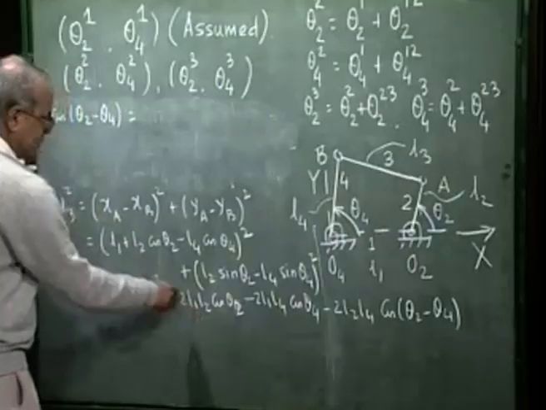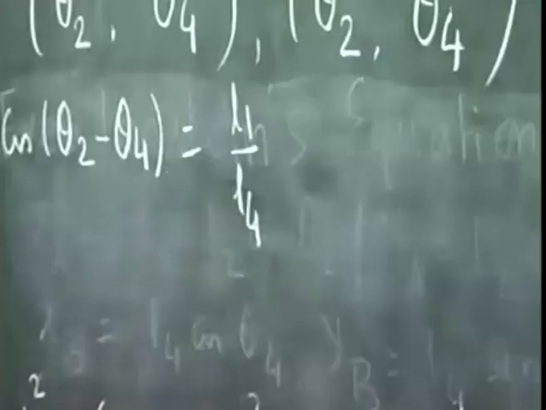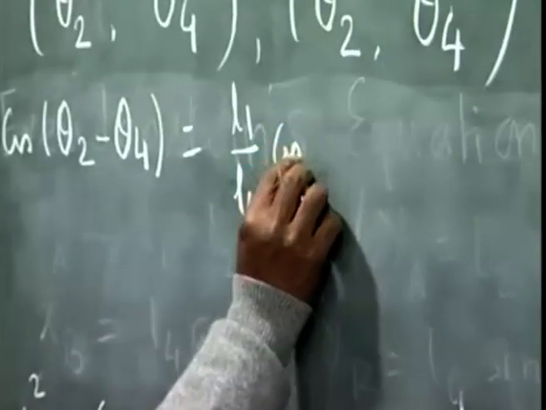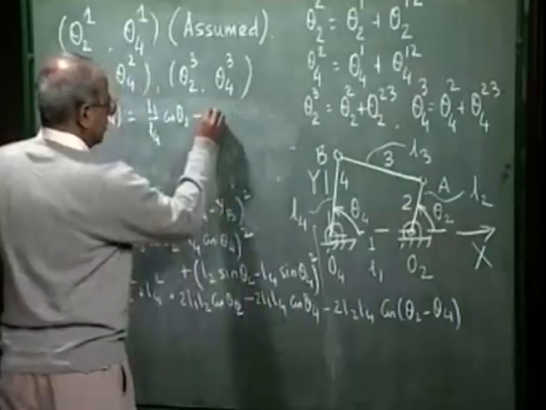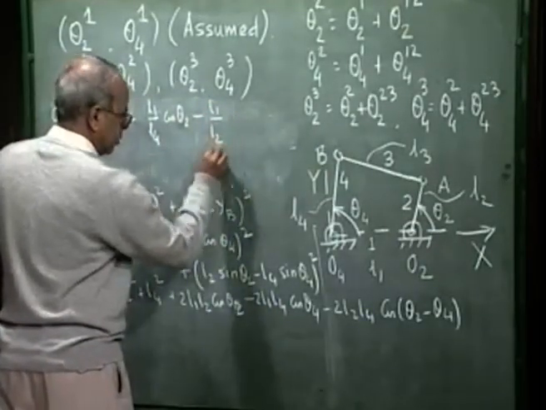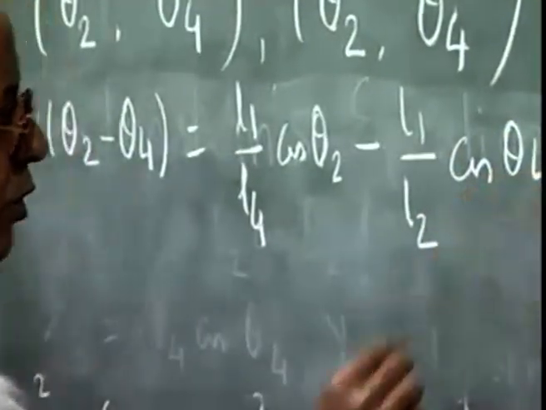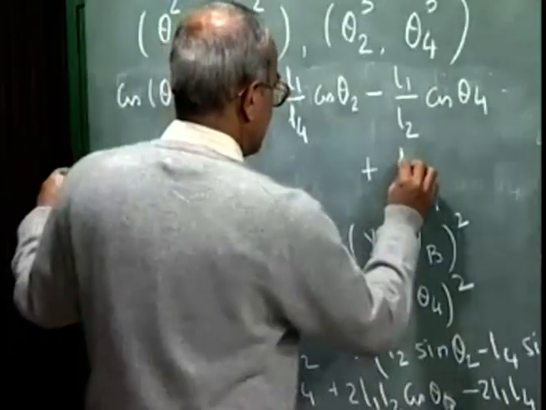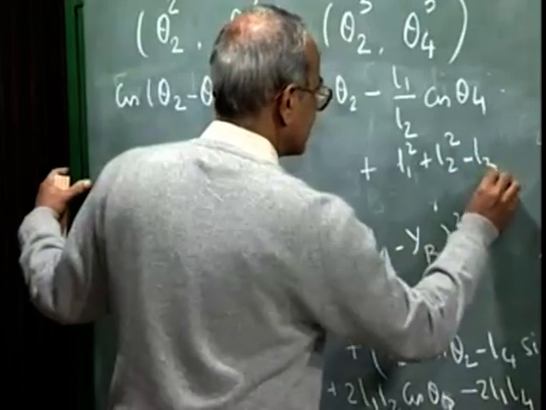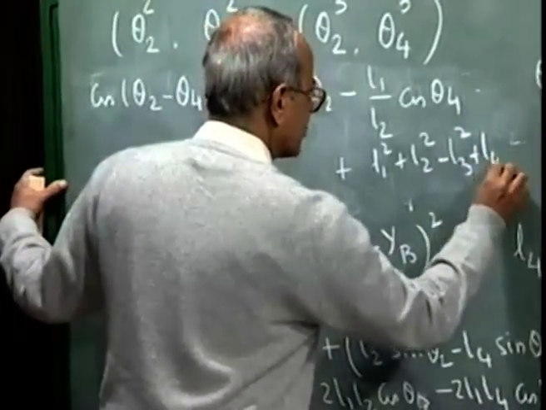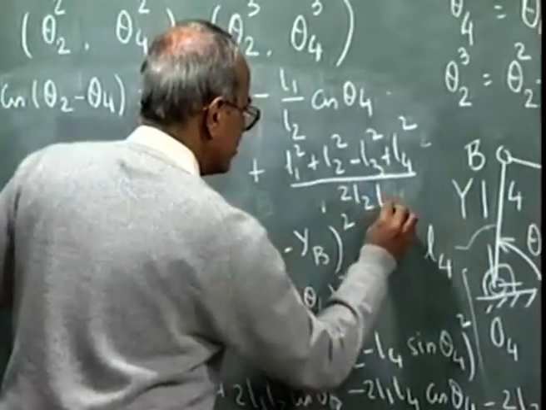So, L2 and L2 cancels, we get L1 by L4 cosine theta 2 minus L1 by L2 cosine theta 4 plus (L1 squared plus L2 squared minus L3 squared plus L4 squared) divided by twice L2 L4.